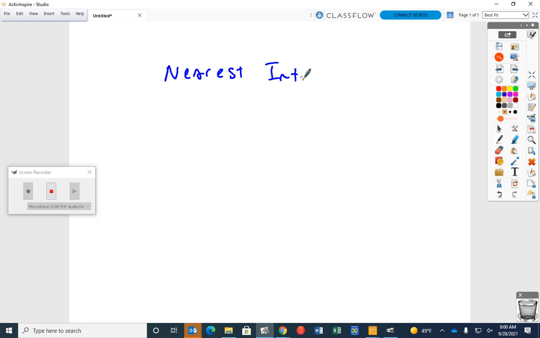Square root of 83, nearest integer. What does that mean? What's an integer? Does that mean I'm going to have a decimal in my answer? Does an integer have a decimal? No. So I'm going to estimate this to the closest integer.